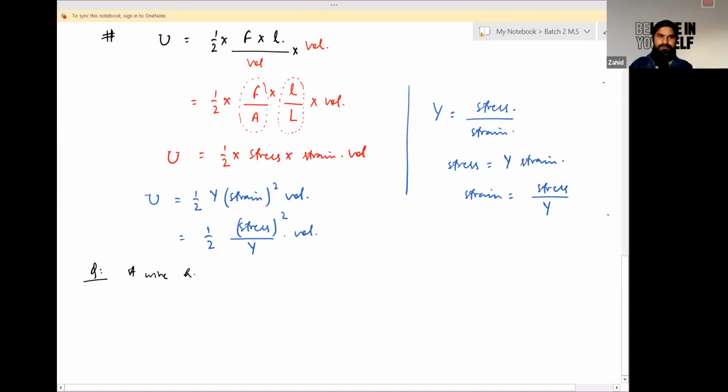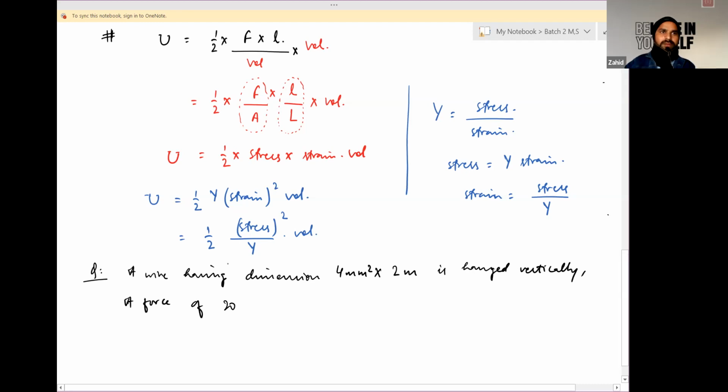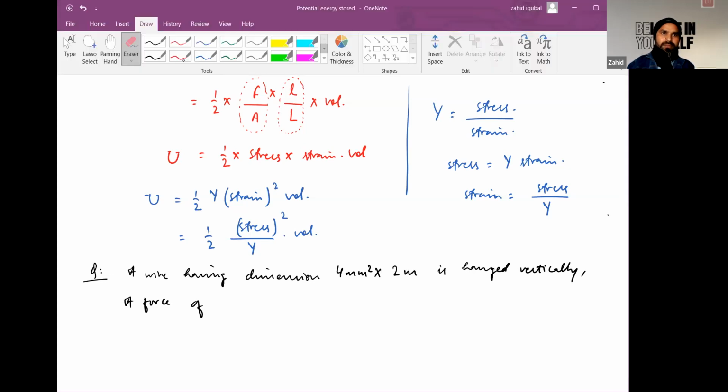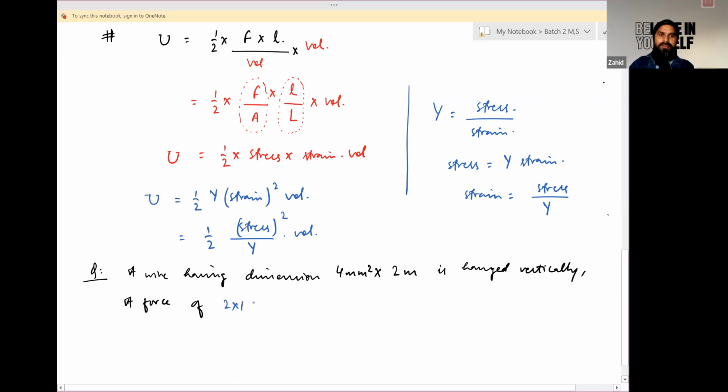A wire having dimension 4 mm squared into 2 meter is hanged vertically, and a force of 2 into 10 to the power 5 Newton is applied.